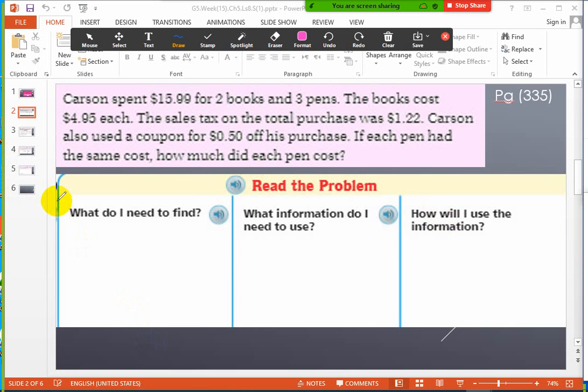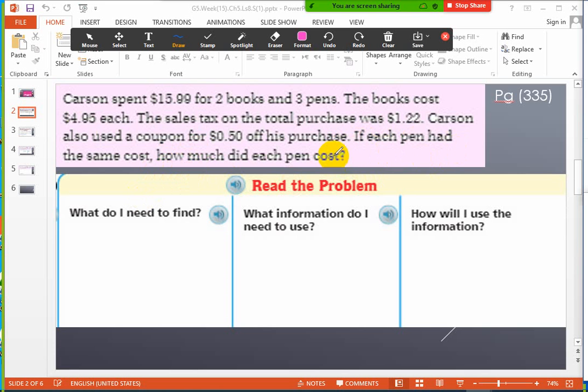So, first step or first question, what do I need to find? I told you, what I need to find is the question in the problem. The question means the last sentence in the problem. I have to look for the question mark here.